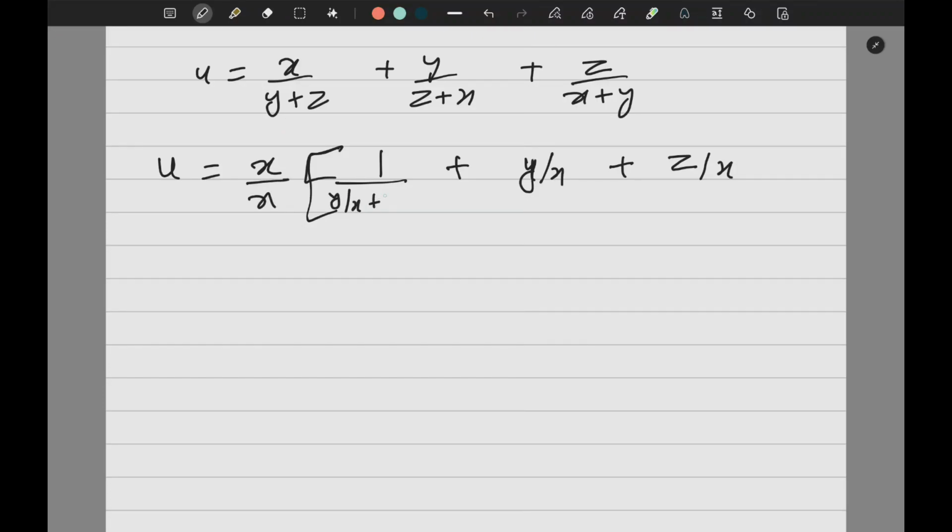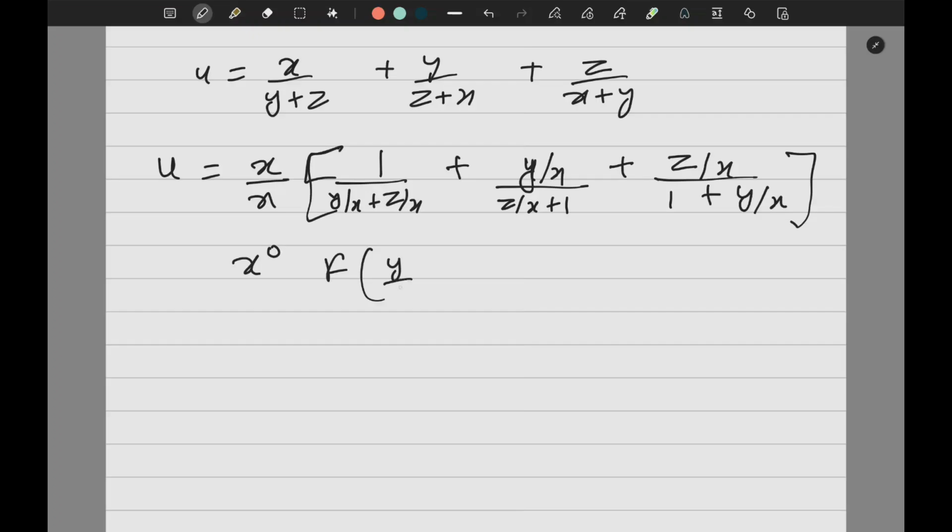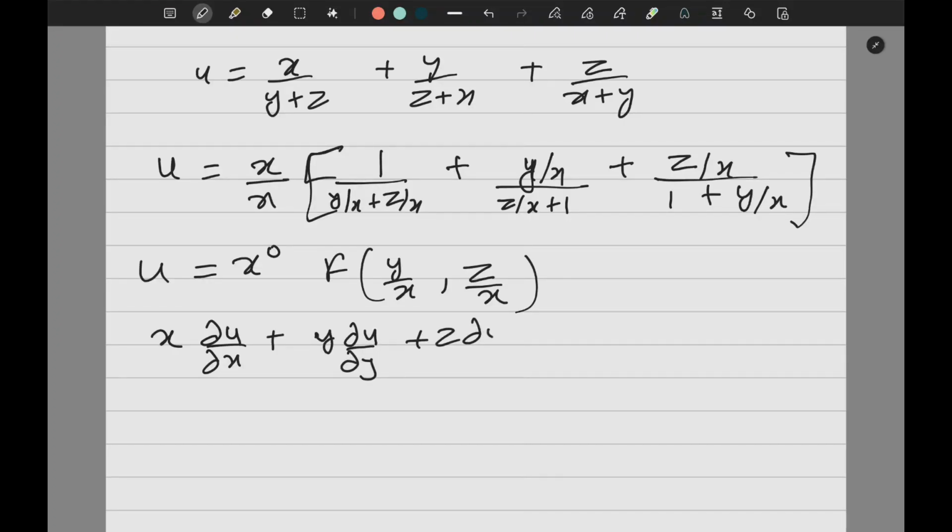So y by x plus z by x, here z by x plus 1, here 1 plus y by x. So this is x to the power 0 function of y by x comma z by x. This is the extension for three variables. Okay. Now the same definition. Now since there are 3 variables, x ∂u/∂x plus y ∂u/∂y plus z ∂u/∂z is equal to n u. n is what here? 0. So 0. So answer. Correct.